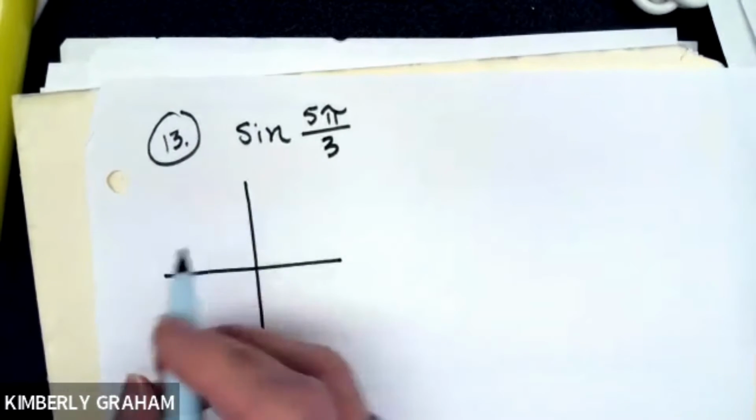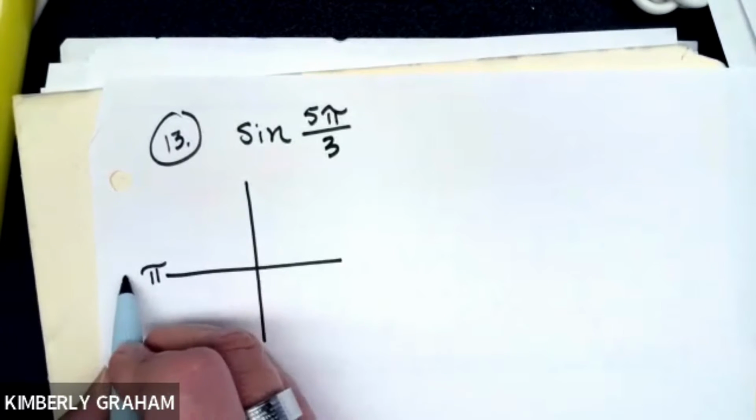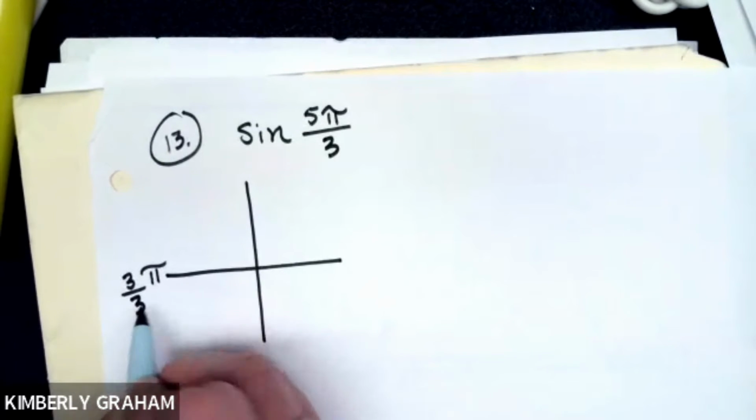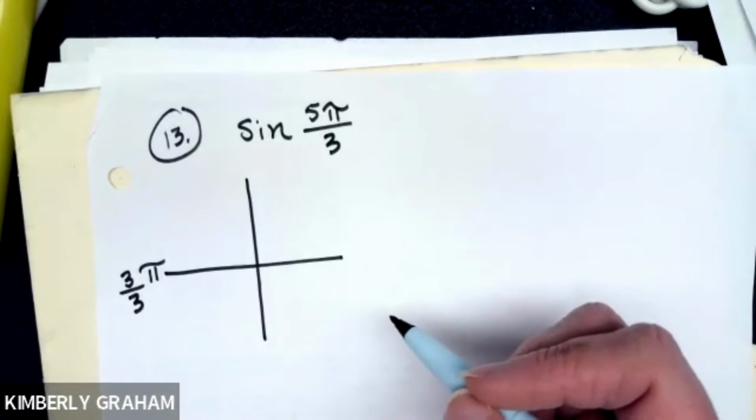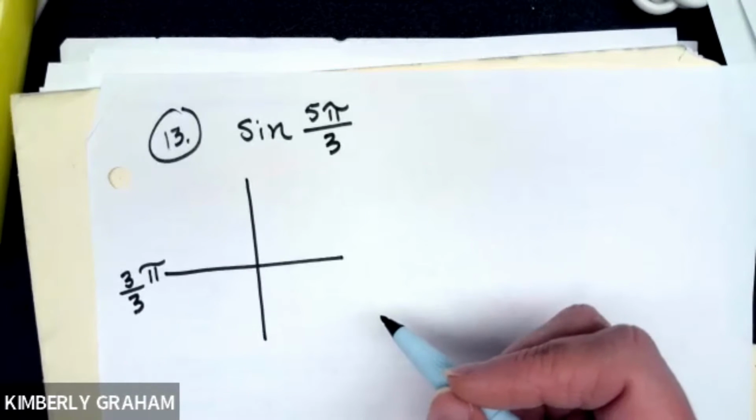My first step is going to be to sketch that angle. I know this is pi. I could also write it as 3/3 pi. So you need to know where 5/3 pi, or 5 pi over 3, is going to land.